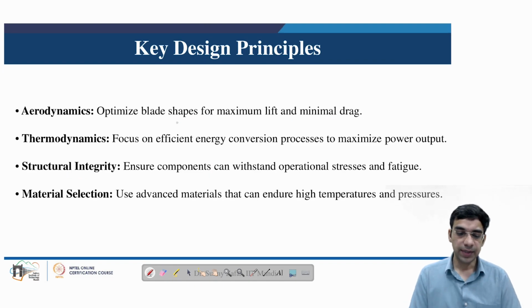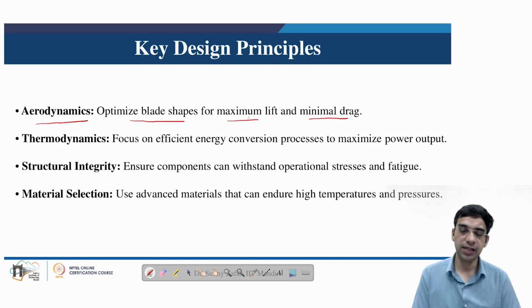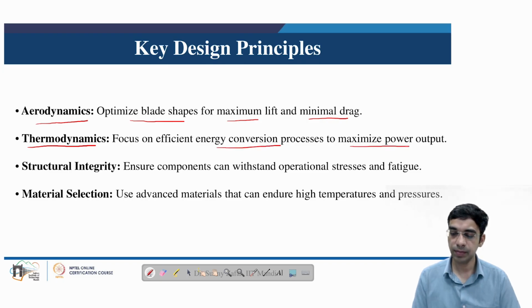So the key design principles while managing the design of turbines include aerodynamics, which is primarily focused on optimizing the blade shape for maximum lift and minimal drag, because it is the lift which generates the rotational force and torque. Then the thermodynamics aspect mainly focuses on efficient energy conversion to maximize the power output.